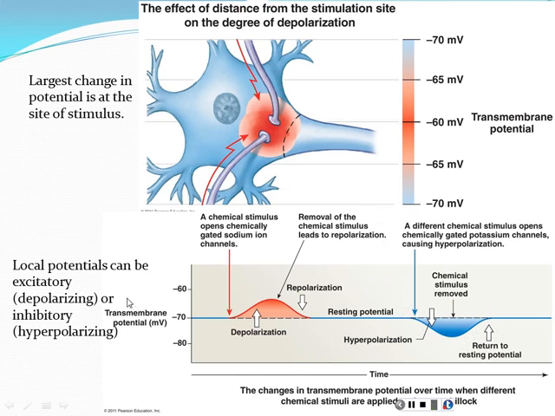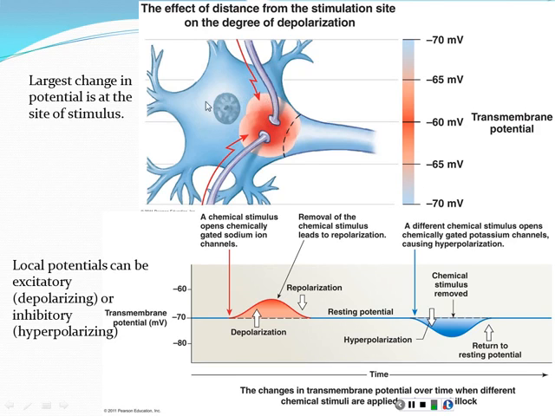Now, the magic happens when we reach threshold. So for most neurons, when the axon hillock, or the very first part of the axon, reaches minus 60 as a membrane potential, that is what triggers an action potential, which is a whole cell event. These graded potentials, they don't affect the whole cell. They only affect part of it.